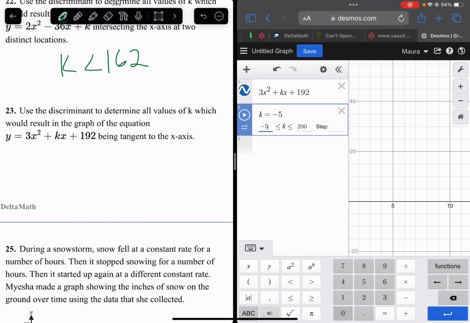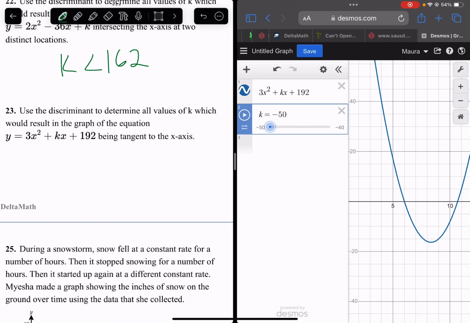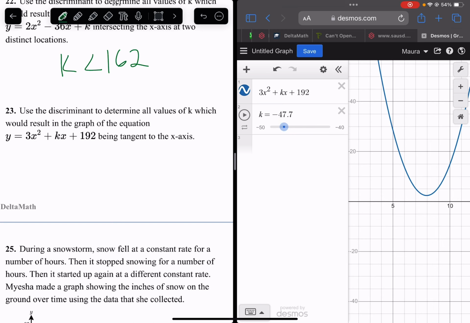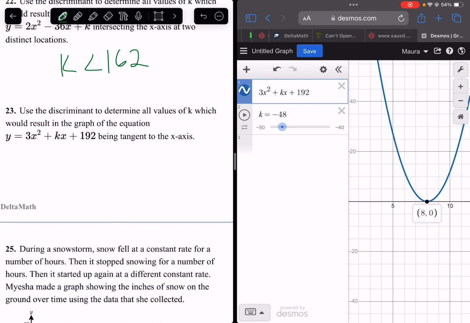Okay, so if I do negative 50 to negative 40, all right, now if we do that, it gives me kind of a smaller range here, and I end up with a k value of negative 48. All right, so k can equal negative 48 if I want to be tangent to the x-axis.